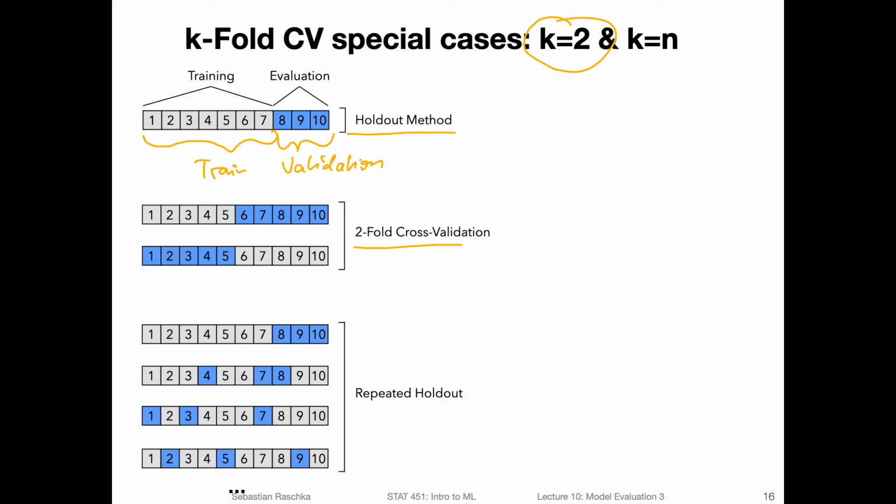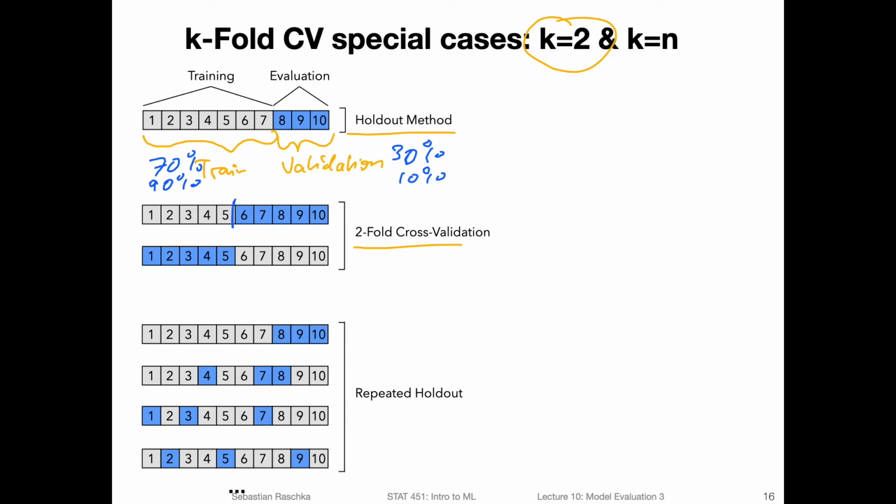Here, for example, it could be 70% and 30% and so forth, or any other number like 90% and 10%.